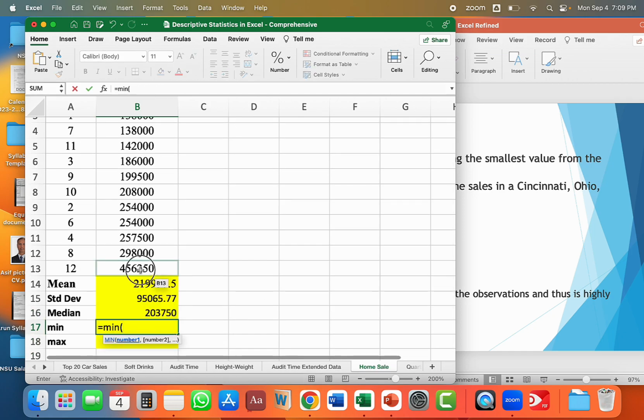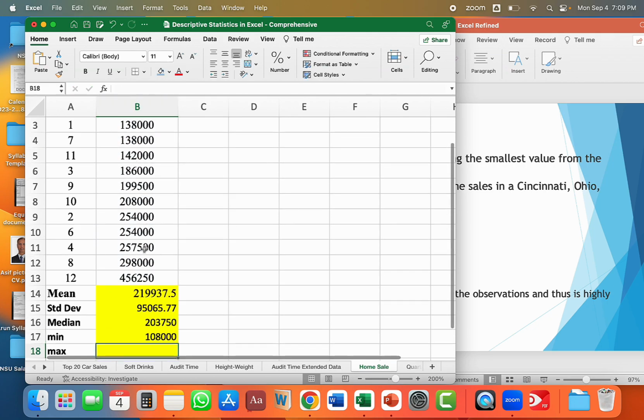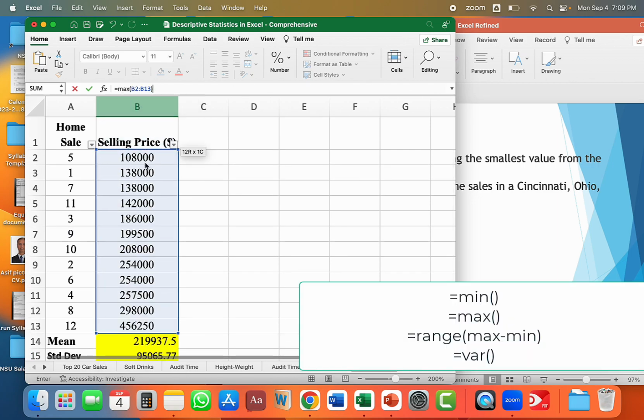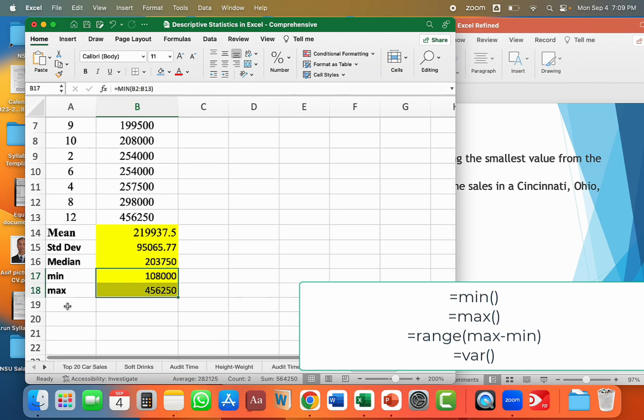And then minimum, it will tell us the minimum value, the house that was sold at the lowest price, it is this one, and maximum is the maximum value, this one. Now the range will be the difference of these two. Let's say calculate range, the difference of this one.